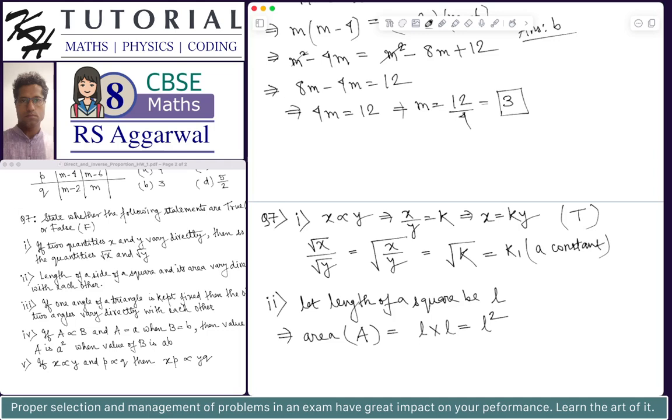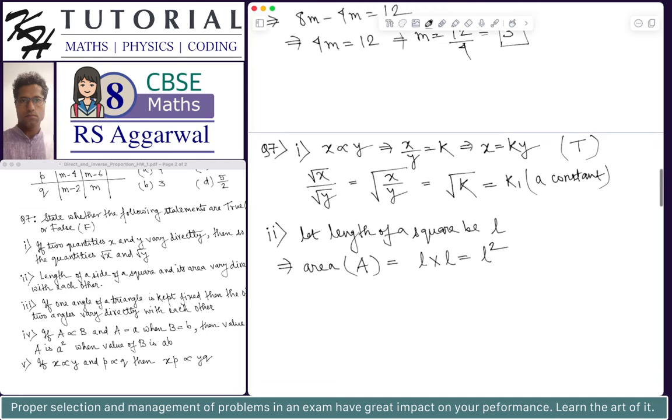Now the quantities involved in this problem are the length and the area. It is saying that the length of the square and its area vary directly with each other. So the quantities are the length and the area.